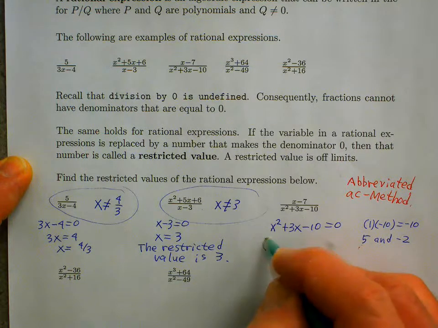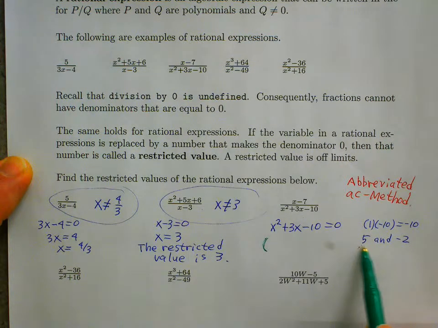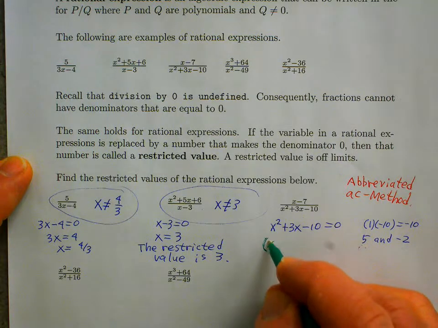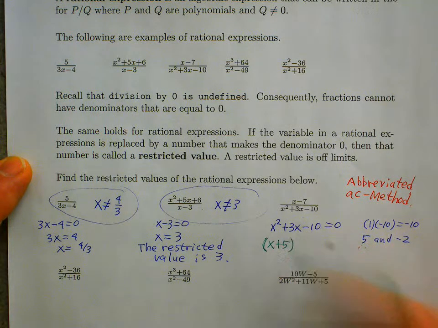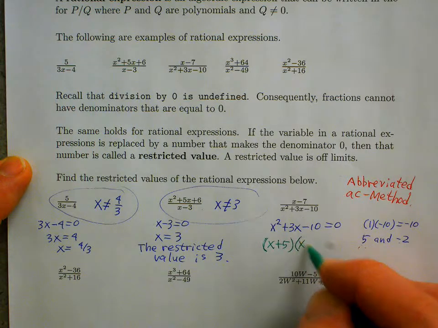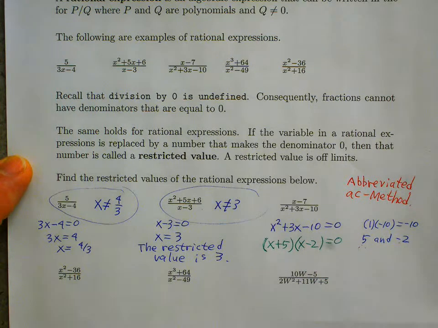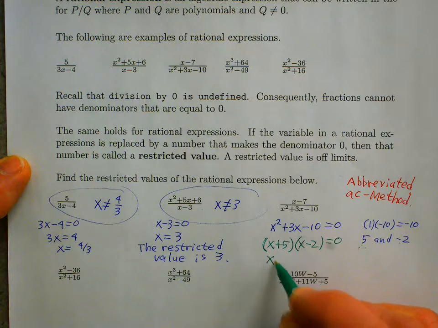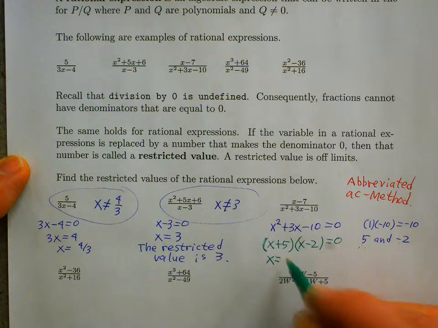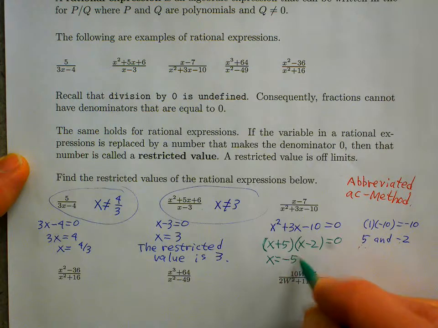So when we write down the factors, since one of those numbers is positive 5, one of the factors is x plus 5. The other number is negative 2, so the other factor is x minus 2. Okay, then we set each factor equal to 0. If x plus 5 is 0, one of the restricted values is negative 5.